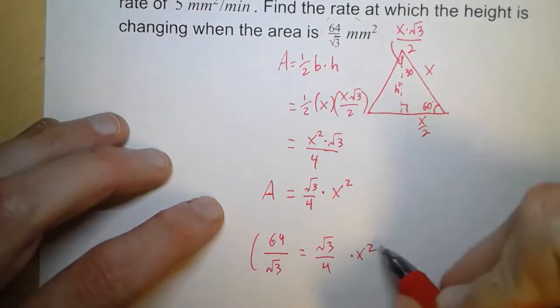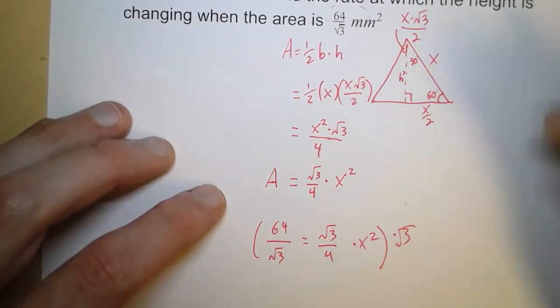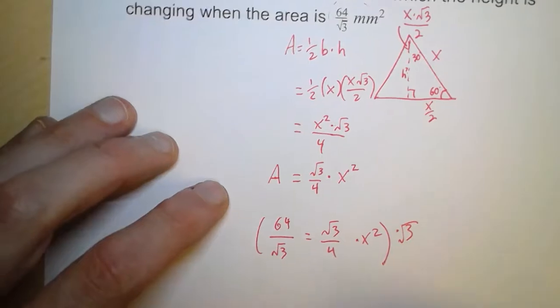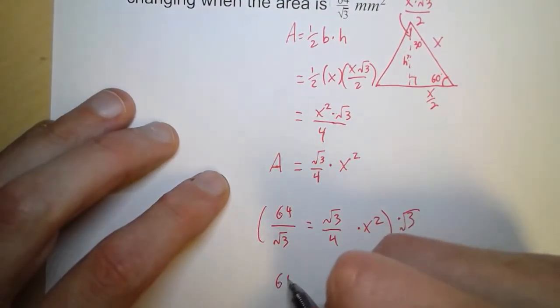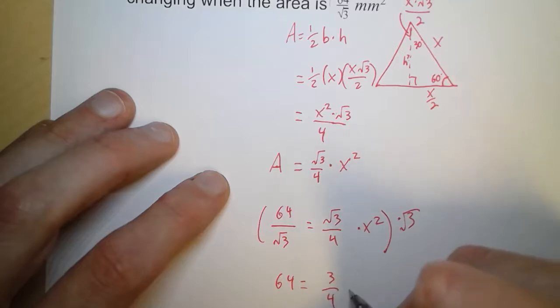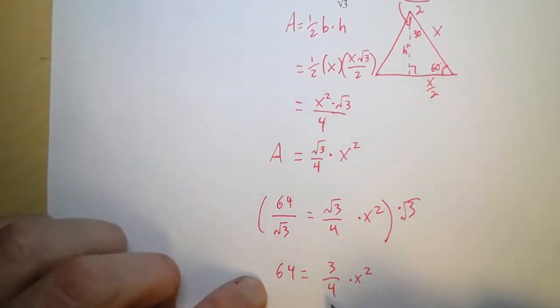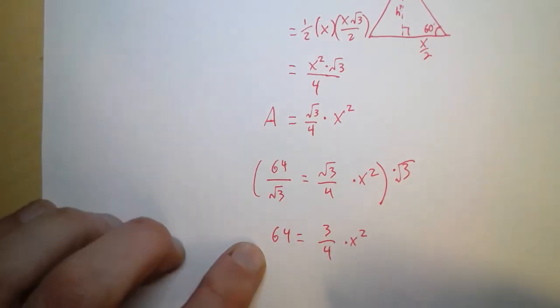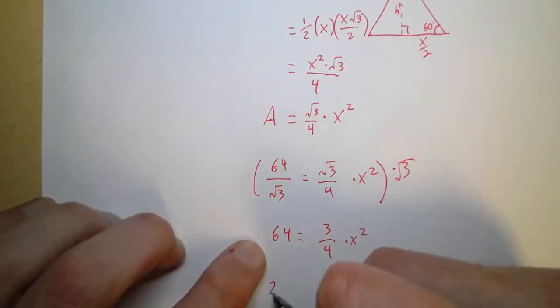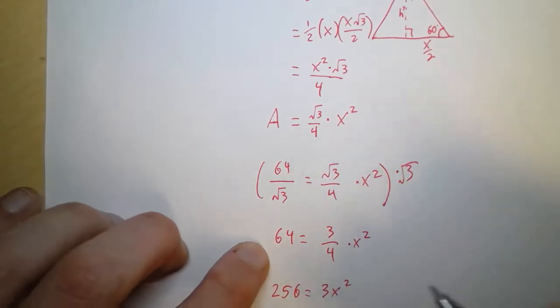So if we multiply both sides by square root of 3, that will eliminate this denominator. So we have 64 equals 3/4 times x squared. If we multiply that by 4, we will get 256 equals 3x squared.